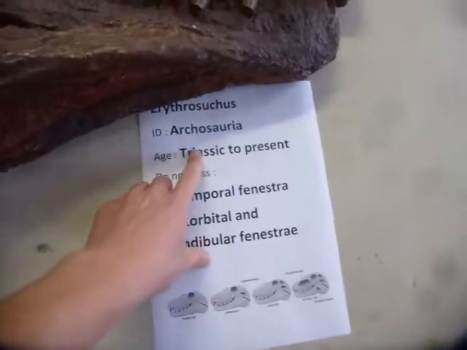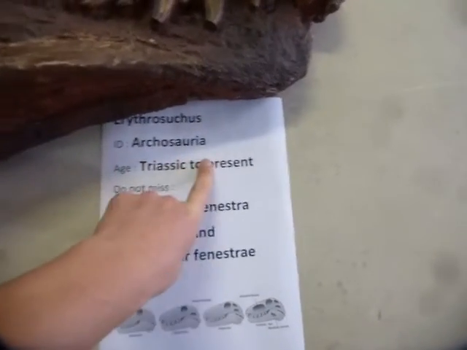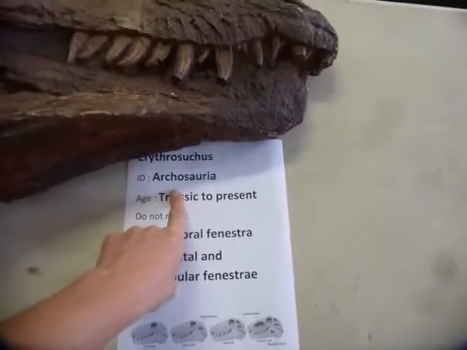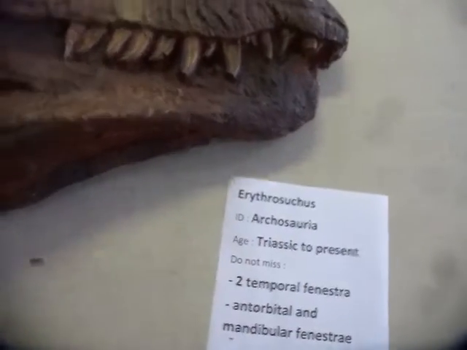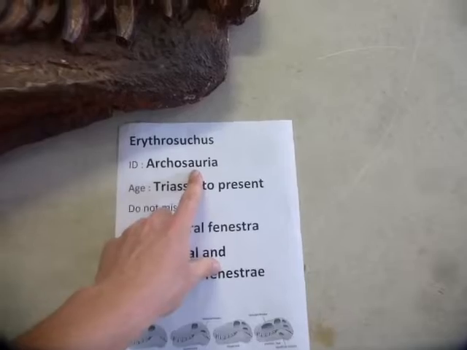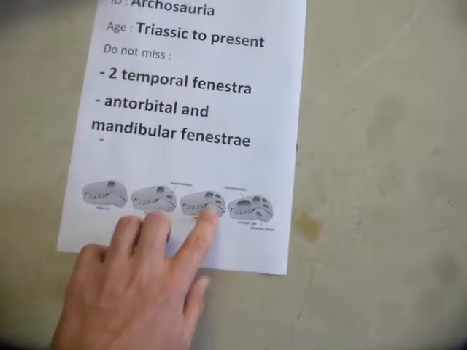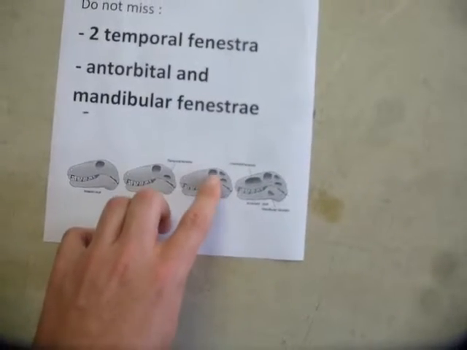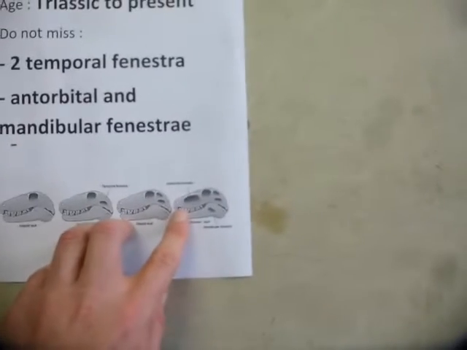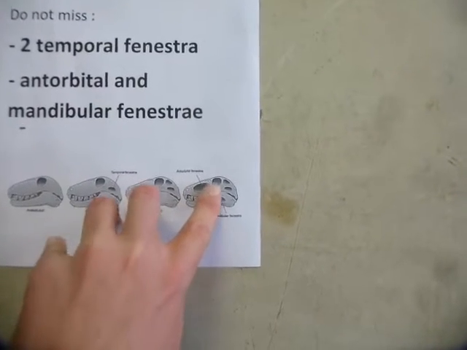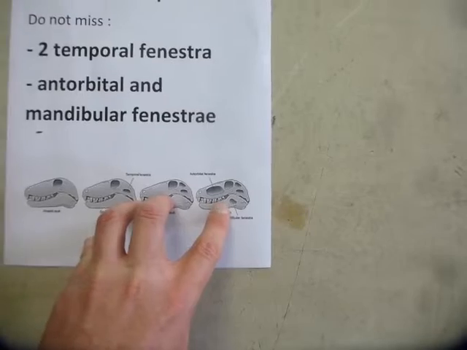And finally, the last one is Erythrosuchus, the archosaurs. So that's the last fossil for today, for this track. The archosaurs have a diapsid skull with two temporal fenestrae plus extra openings in front of the eye and on the lower jaw.